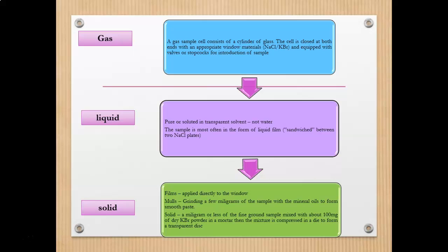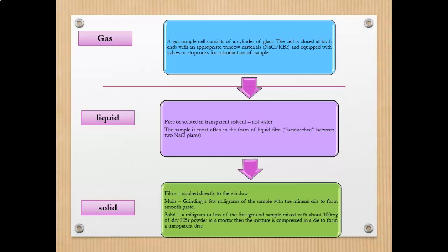If your sample is liquid, the condition is it must be pure or dissolved in a transparent solvent, not water. The sample is most often in the form of a liquid film sandwiched between sodium chloride plates.